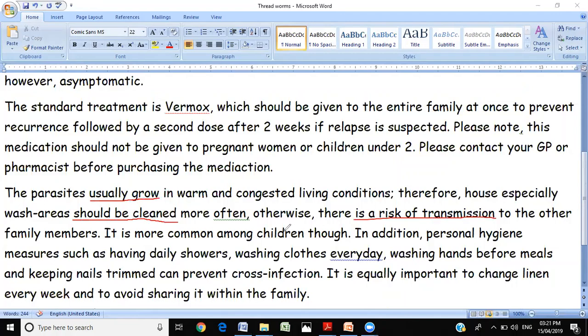So mostly present tense and modal auxiliaries will be used. It is important to, should be given, should not be given. This is the kind of sentence structure which you will be using in this type of letter.